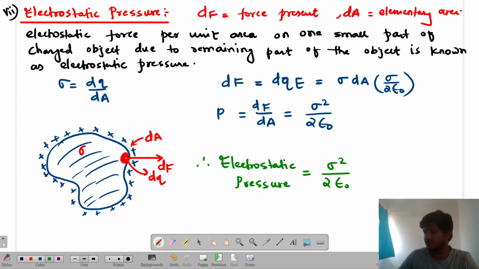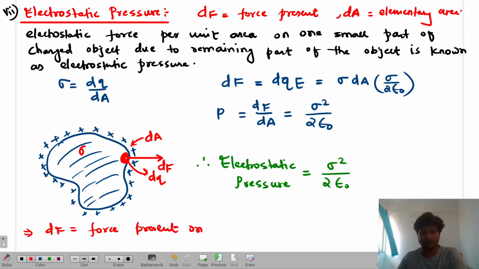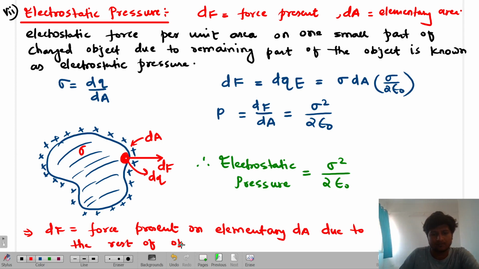So this is why we need to define: dF is the force present on elementary dA due to the rest of the object. Is that clear?